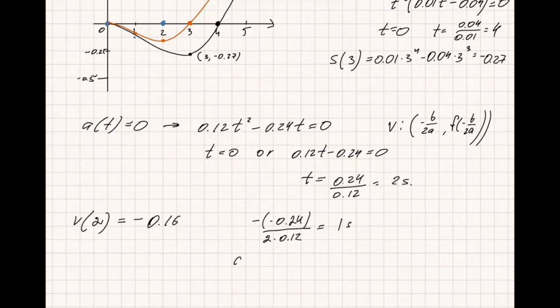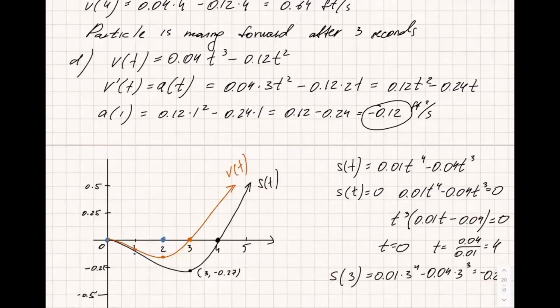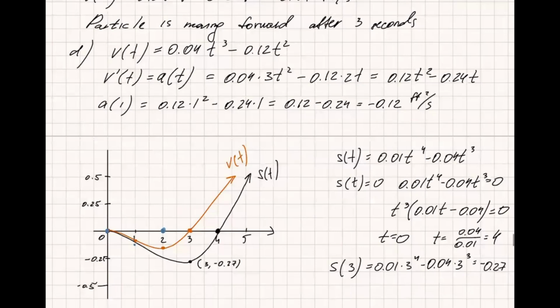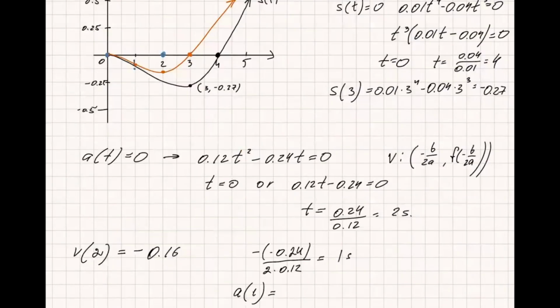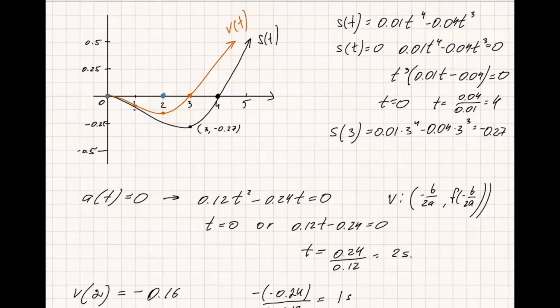So we need to calculate a(1), which we actually did, and that's going to be negative 0.12. So the vertex happens at (1, negative 0.12). And let's show that. Oh, we actually have it. So this is where we have our vertex.